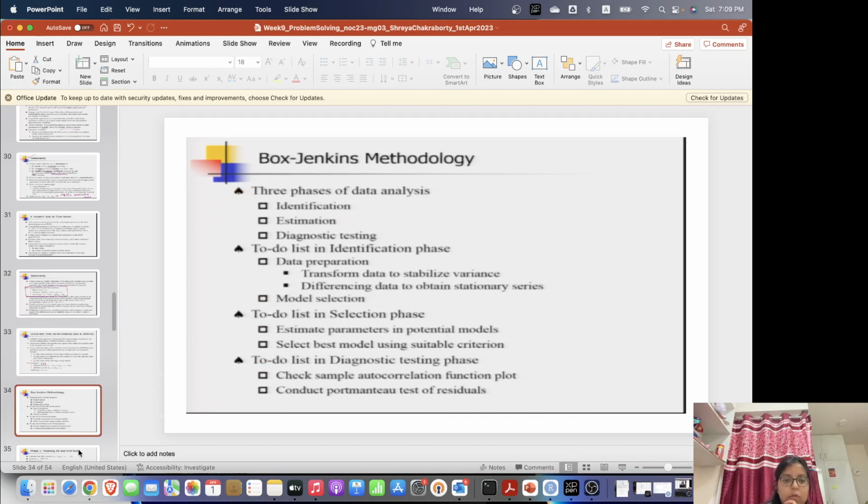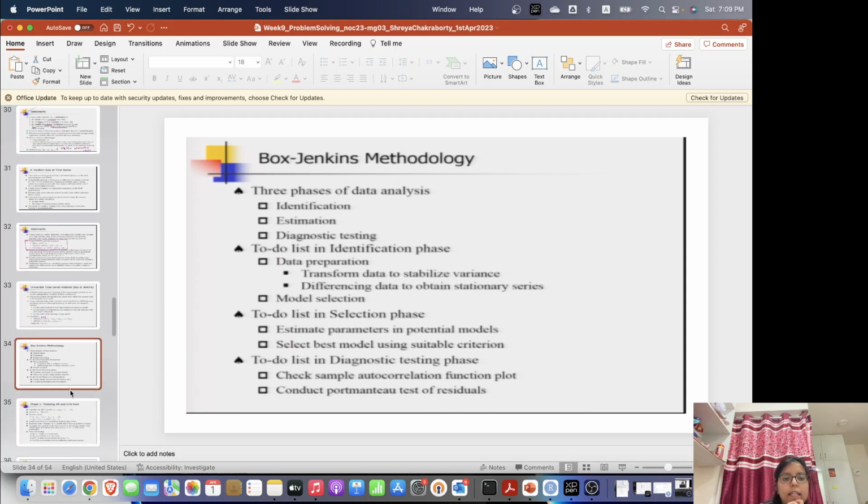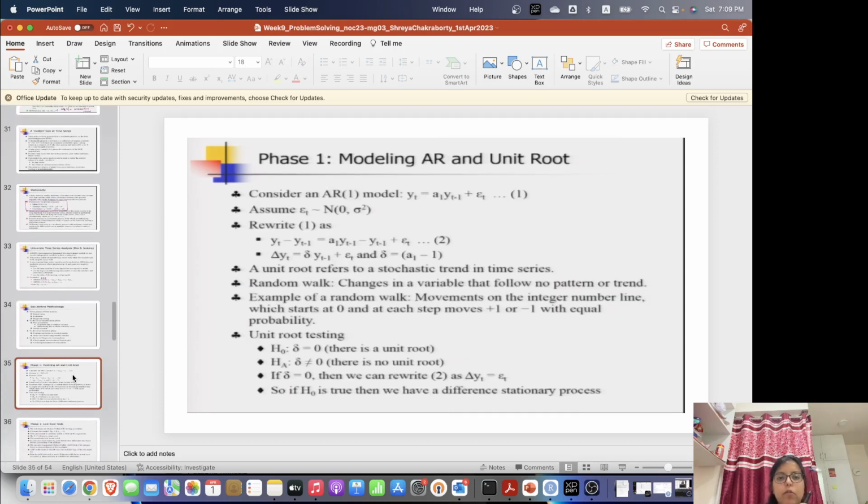So this is how we should follow. I think in the R session I'm going to show how we can do this modeling.